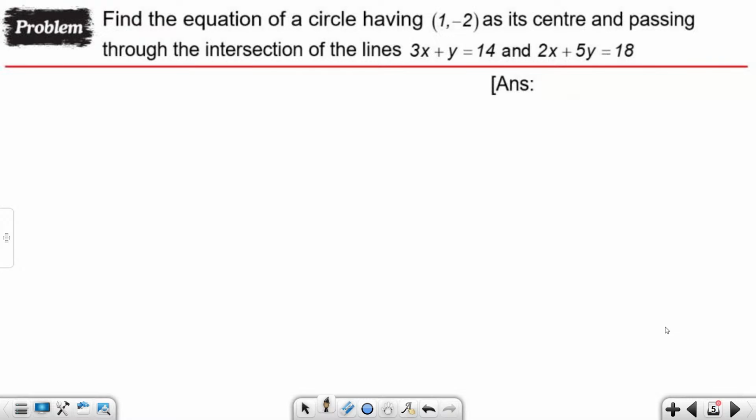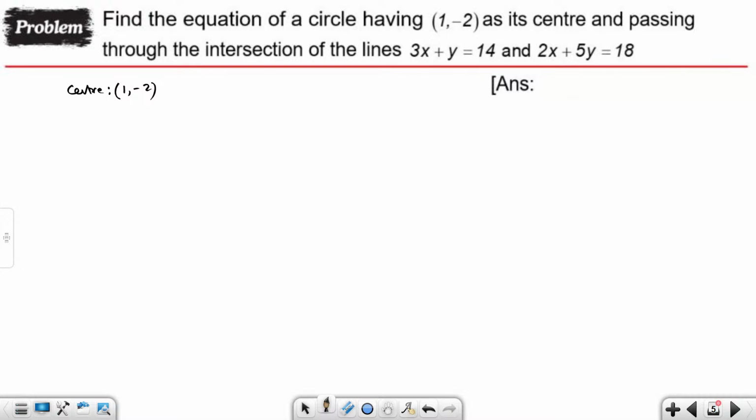See this question. The question is: find the equation of the circle having 1 comma minus 2 as its center. So now you know its center. And as I told you, whenever you are solving circle problems, always remember two things: one is your center and another is your radius.